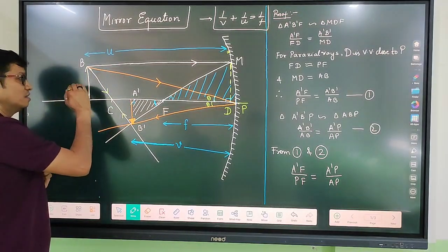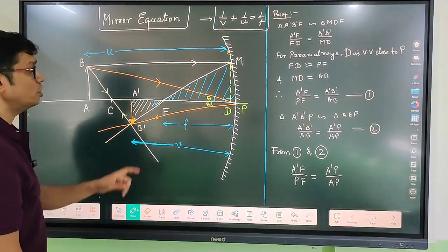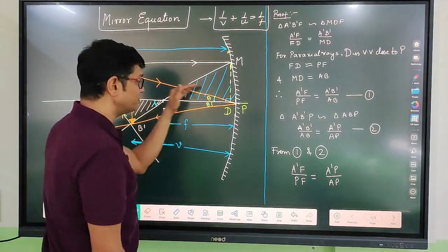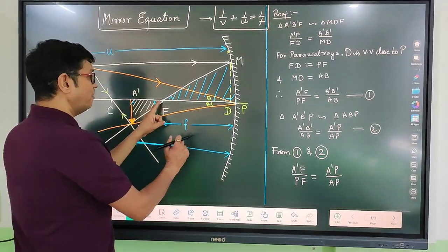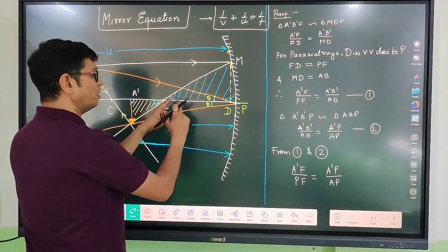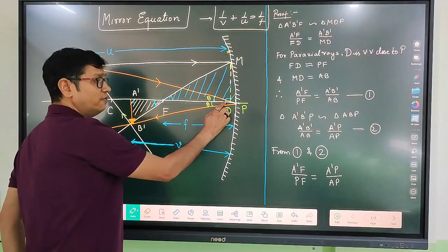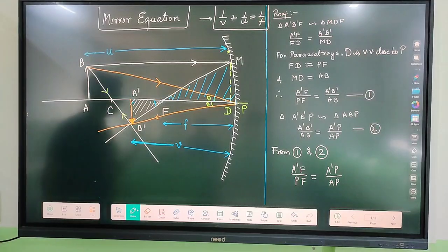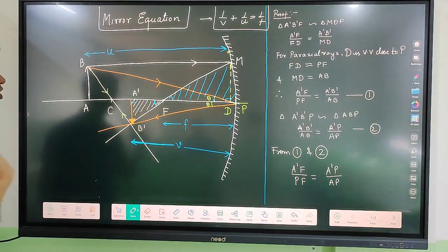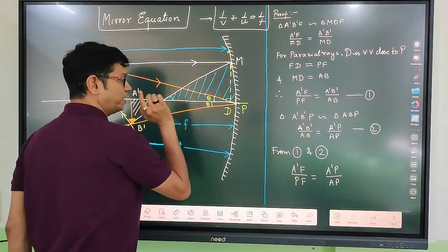In this case, the distance FD would be almost the same as the distance FP, because point D will be very, very close to point P. So I have ignored the distance DP, and my FD becomes equal to FP.